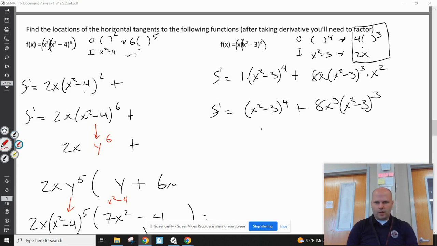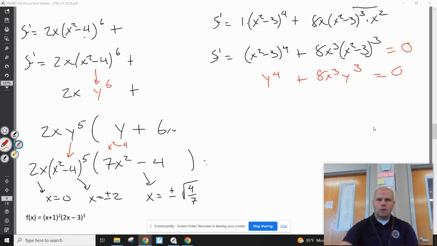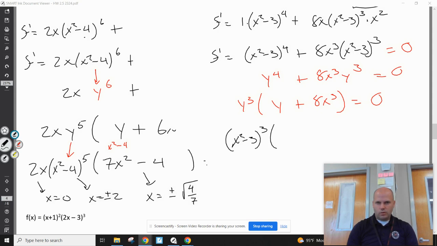If this was y to the 4th plus 8x cubed y cubed, and again, I'm trying to find when these slopes equal 0, you can factor out a y cubed from both, giving you y plus 8x cubed. Y cubed is x squared minus 3 cubed.